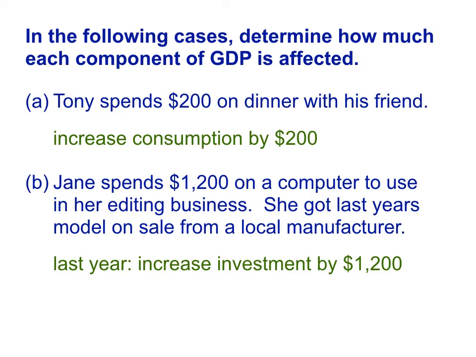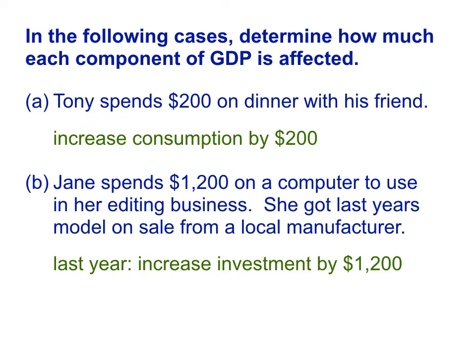They did not sell it last year. Therefore, it is in their inventory. And remember, inventory is a type of investment. Now, this year, nothing has been produced. Which means that we know that the GDP change should be 0.